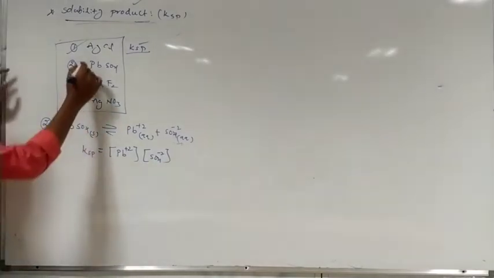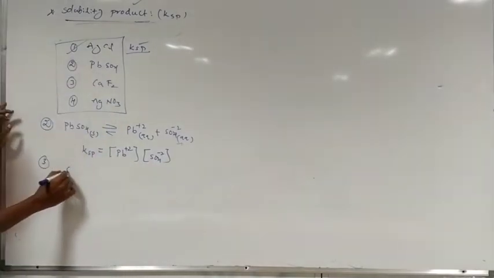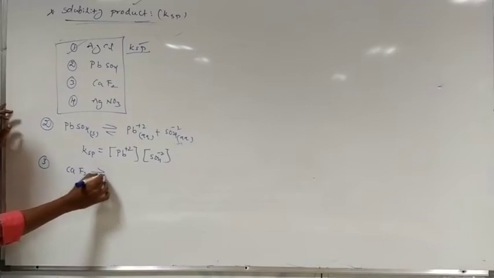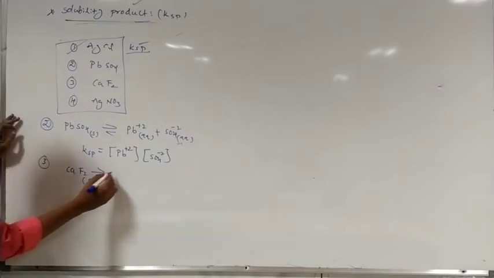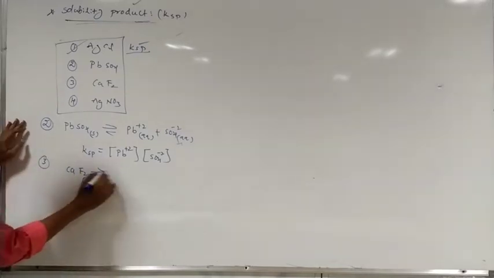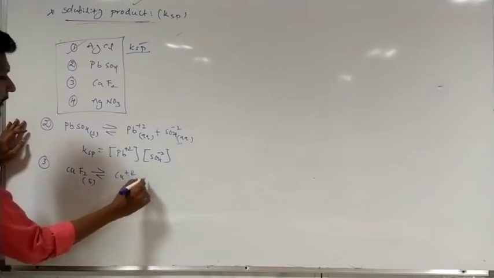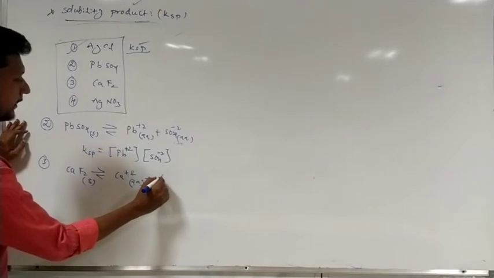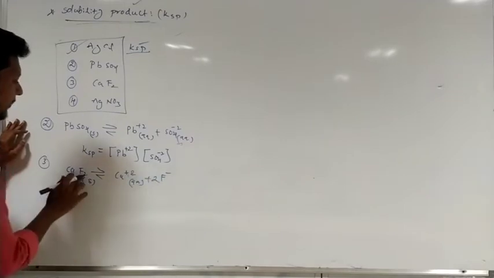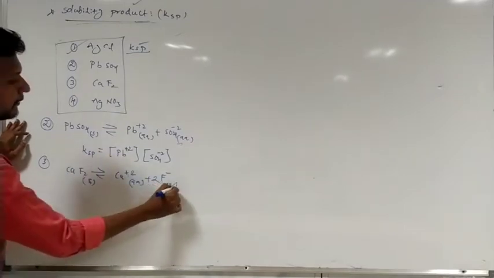This is for the second salt, and for the third salt, CaF2. This is a solid which dissolves in water and produces Ca2+ cation in aqueous solution, and F-. How many F's are there? Two. That's why I am writing 2F-.